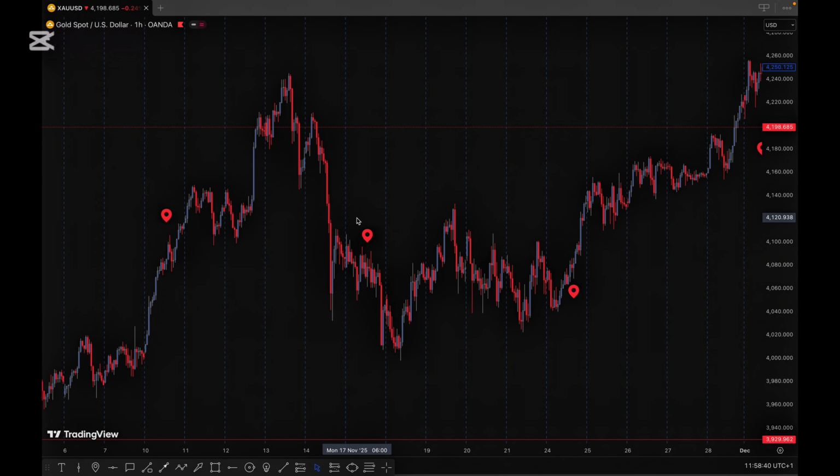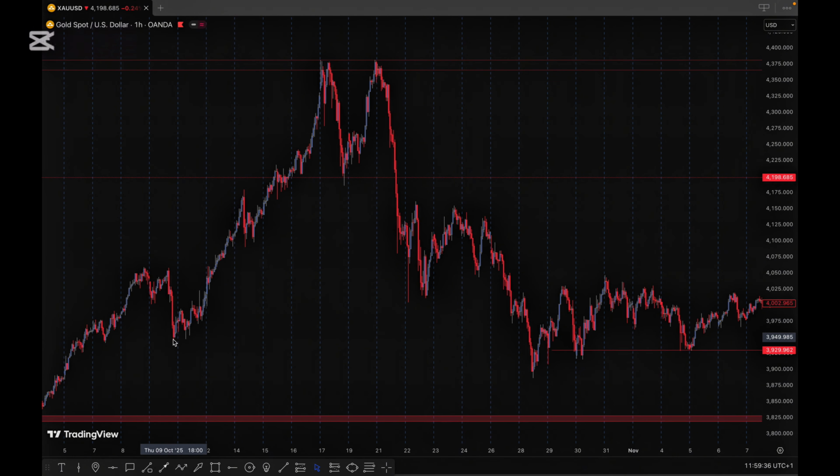And also the rise of gold from 3,000 to 3,929.96 dollars per ounce, up until 4,379.395 dollars per ounce, is a result of the activity of the bulls, that is, the bullish market.